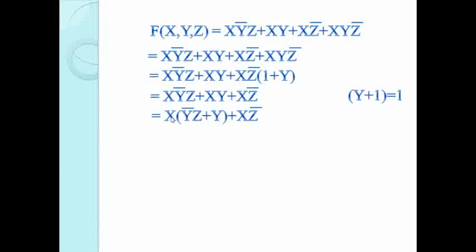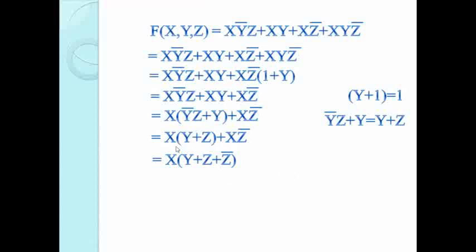Next, take x common from the terms. So x(y bar z plus y) plus xz bar, and y bar z plus y equals y plus z, which means A bar B plus A equals A plus B. So this is x(y plus z) plus xz bar.